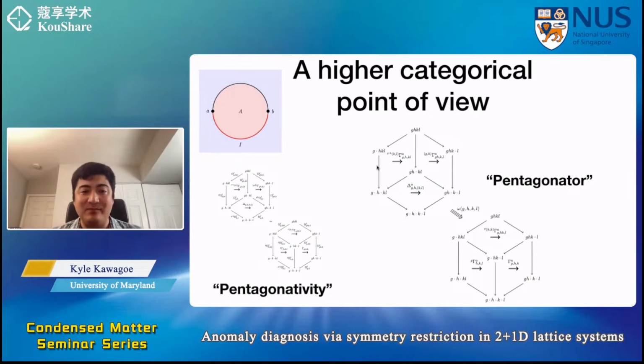Since the left string of one morphisms is the same on both diagrams, as is the right string, you're gluing these two halves of a cube together, and there's a three morphism taking you from one half of the cube to the other. And now this pentagonator is the quantity of interest for us in the dimension we're working in.